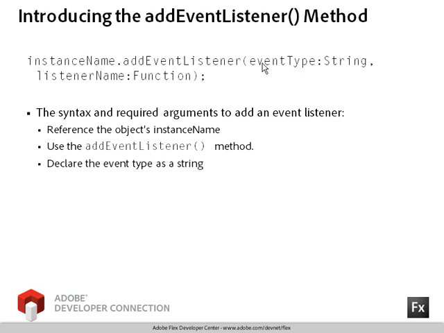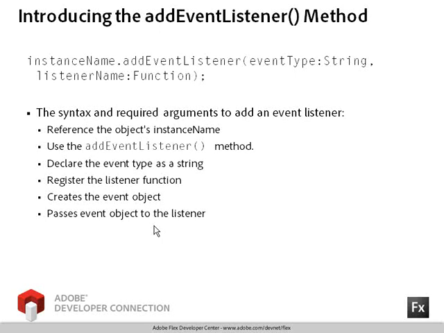In my example, I am detecting when the user changes the selected date, so the event type is change. The second required attribute of the addEventListener method is the name of the function that should execute when the event is fired. The event object is created, and the addEventListener method implicitly passes the event object to the event listener function.